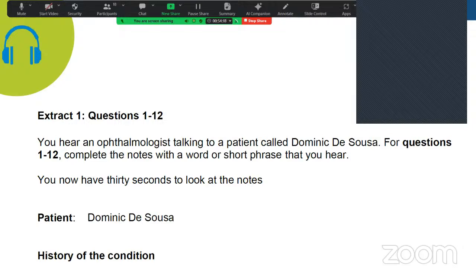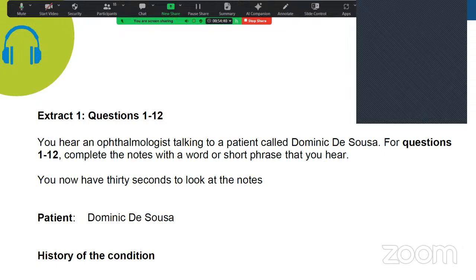Right. Next one. Now let us see. It cannot be a normal discussion because here you see the patient is there. So it's an official consultation, medical consultation, because the word patient is there. That's the point. Okay. So it is a consultation.